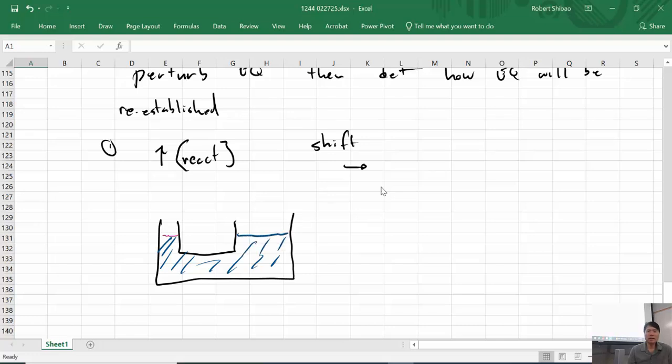The left side we're going to call the reactants, the right side we're going to call the product, and this is just H2O liquid in this tub. What I'm going to do is, this is at equilibrium right now, do you see? The water levels are equal. But I'm going to screw it up by dumping more water on the reactant side.